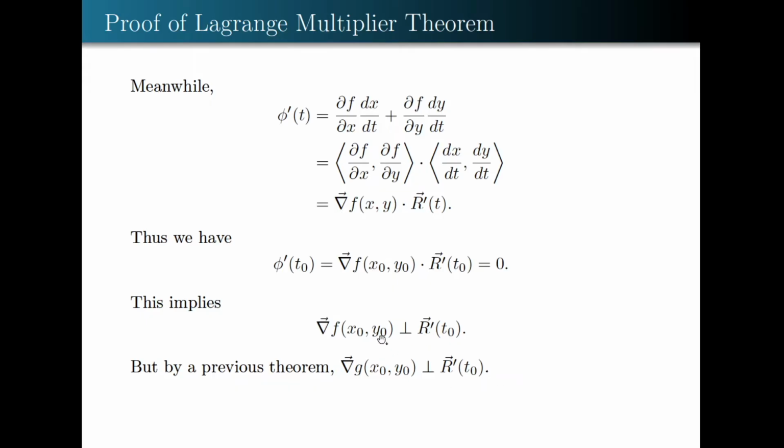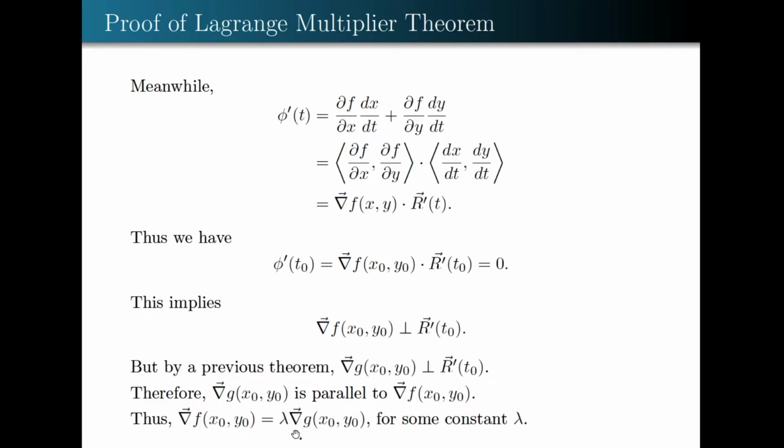So if one vector is perpendicular to r prime of t0 and another vector is perpendicular to r prime of t0, then we can conclude that these two vectors are parallel. Hence, we say that the gradient of f is parallel to the gradient of g at the point x0, y0. And if two vectors are parallel, they are scalar multiples of each other. This proves the theorem of the Lagrange multiplier.